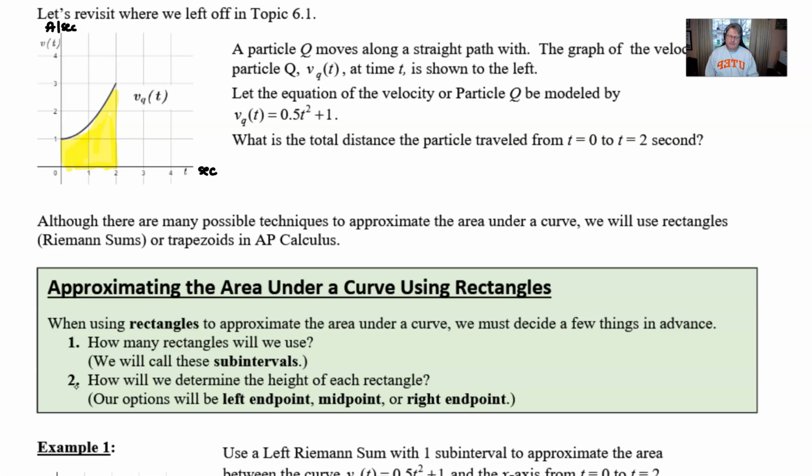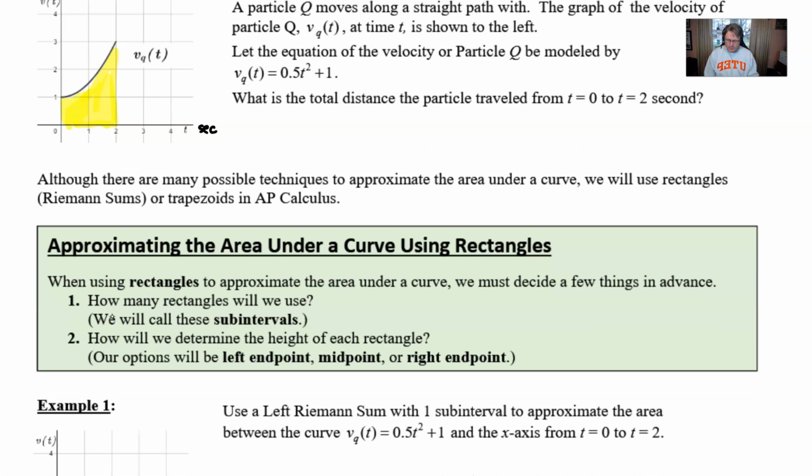And you actually will have three options predominantly in the realm of this particular course: left endpoints, midpoints, and right endpoints. We'll talk a little bit about midpoints later on. And that drives this whole notion of approximating the area under a curve. Notice I said the word approximating the area under a curve using rectangles.